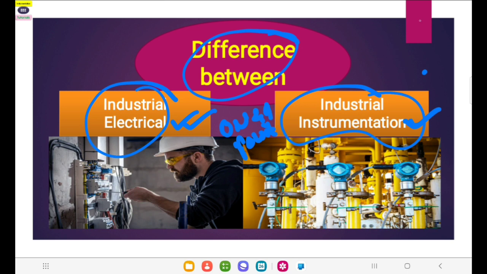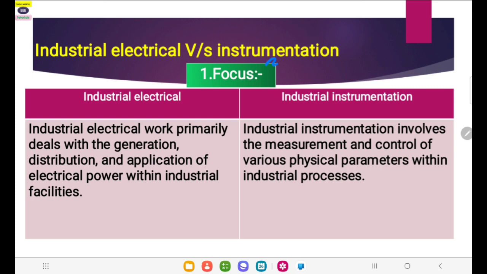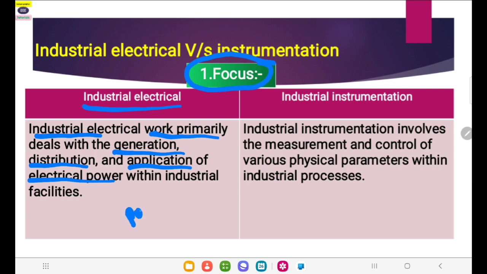Now let us start. So basically the first part we will talk about is based on focus. Industrial electrical work primarily deals with the generation, distribution and application of electrical power. Means the power generated and also distributed, and also the application of the electrical power within the industrial facilities.